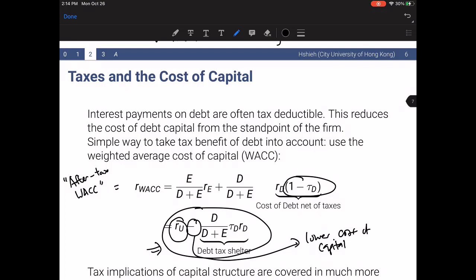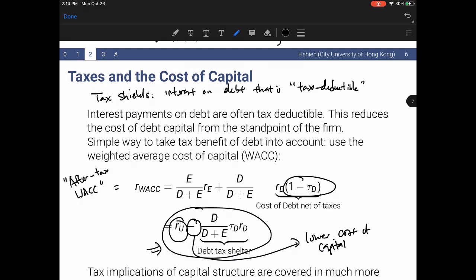So to remind you what tax shields mean again, let me write it here. Tax shields means that interest on debt is tax deductible. That means we don't have to incorporate the interest that we pay to service the debt when calculating our overall tax that we pay to the government.